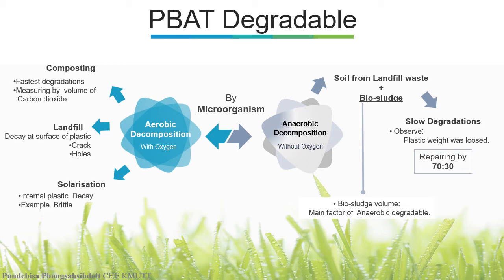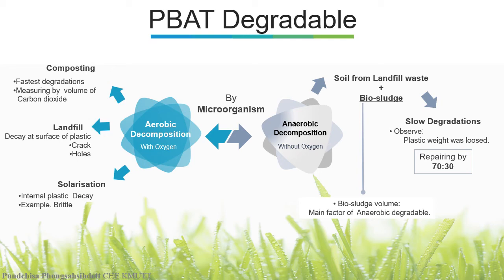It degrades without oxygen, by using soil from landfill waste and biosludge to bury biodegradable plastics. But this kind of decomposition degrades slowly because only a little oxygen can pass through, which can be observed from the weight of plastics that was lost.